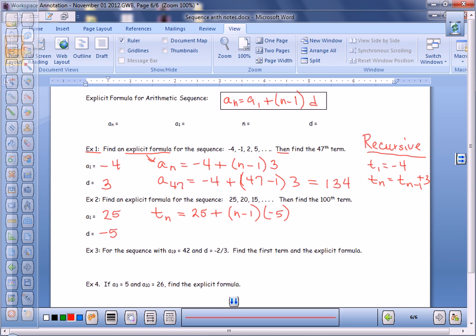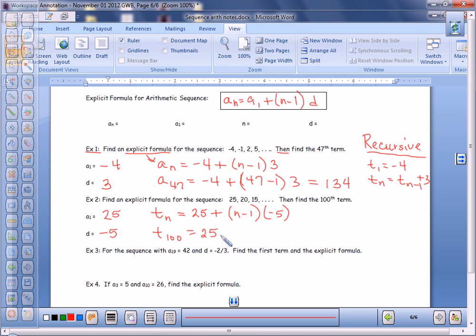So most of the time, and on your test, I will use T. That way it's not a dead giveaway to you, because we're going to do arithmetic and geometric. If I use A's and G's, then you automatically know which one it is. What's the difference between arithmetic and geometric? Arithmetic is adding the same thing each time, and geometric was multiplying.